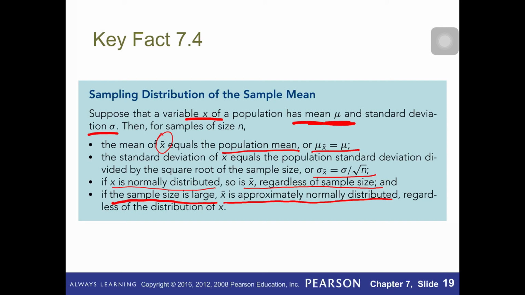So these two are really important. First, if x is normally distributed, then x bar is normally distributed. Second, if we have a large enough sample size, then x bar is approximately normally distributed.